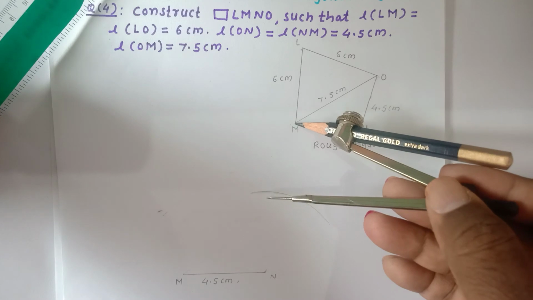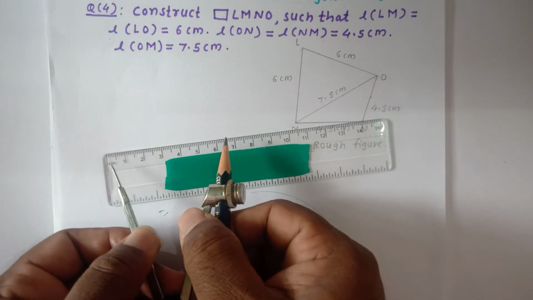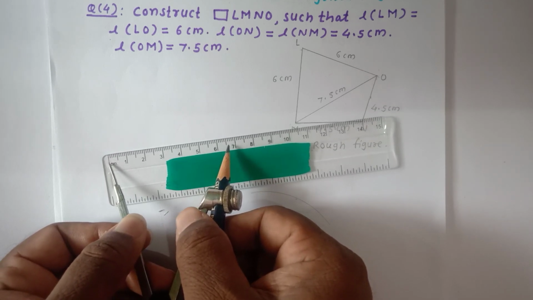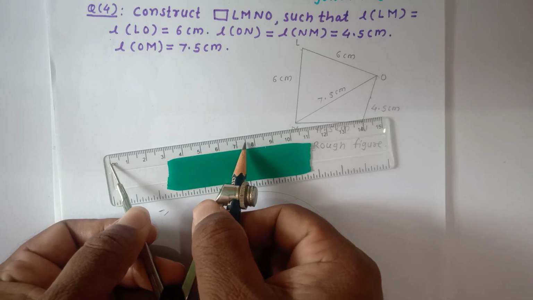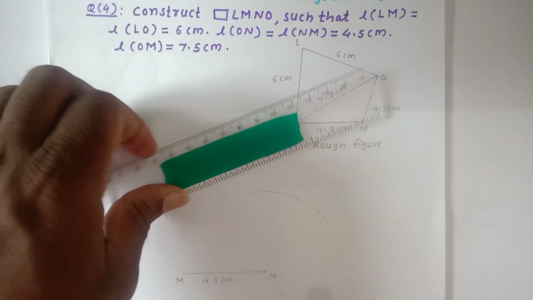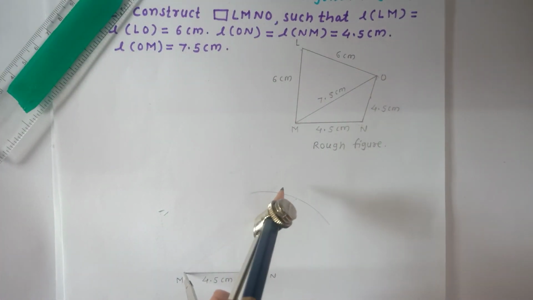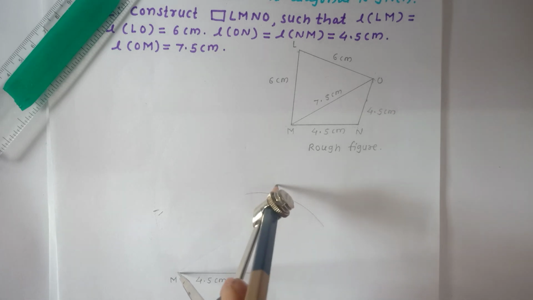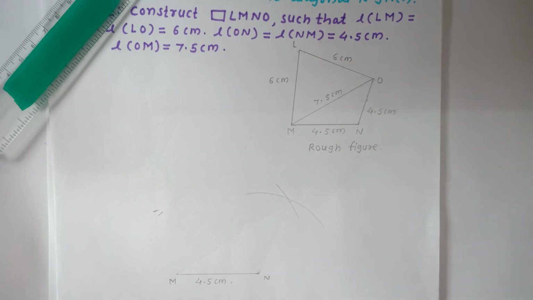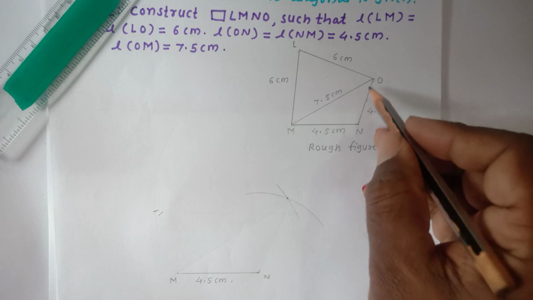Now take distance 7.5 cm in a compass. Now put compass at point M and draw another arc. The point of intersection of these two arcs is this point O.